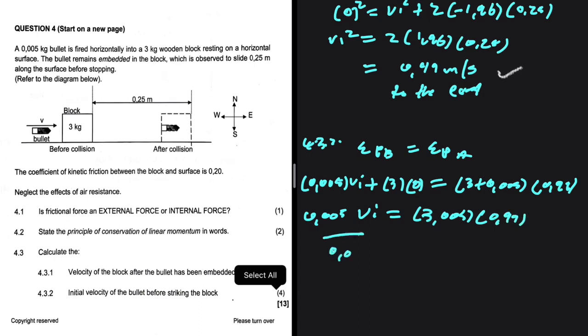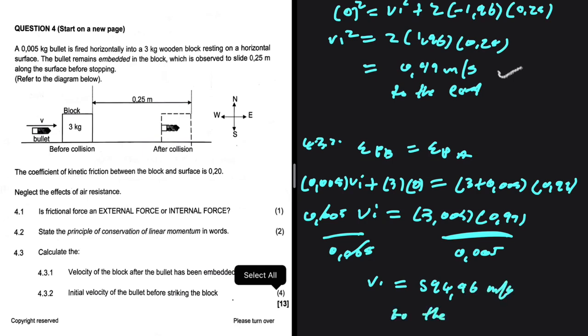Dividing both sides by 0.005, VI equals 594.96 meters per second to the east.